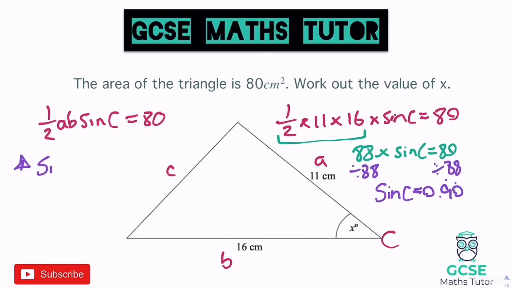So sine minus 1 of this number here, which is actually also a fraction, it's 10 over 11. Sine minus 1 of 10 over 11, or that 0.90 recurring. And we get the answer of 65.38 degrees. There we go, so we can find an angle as well, just working backwards if we're given the answer. And you can apply that logic there to lots of different questions where it gives you the answer and you can use your formula backwards, just dividing everything over to the other side.